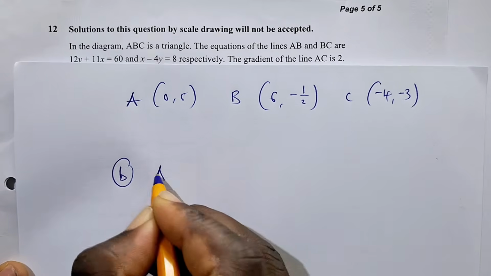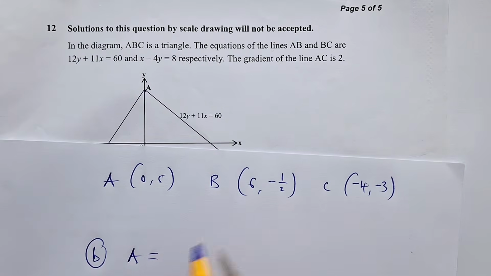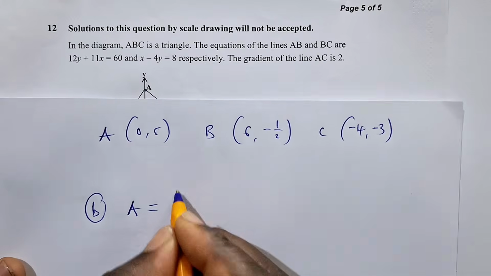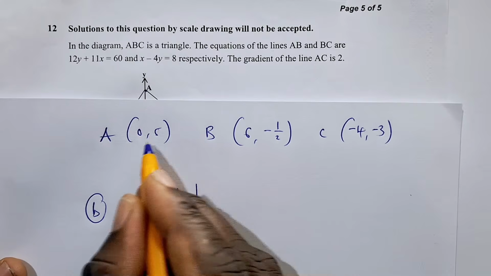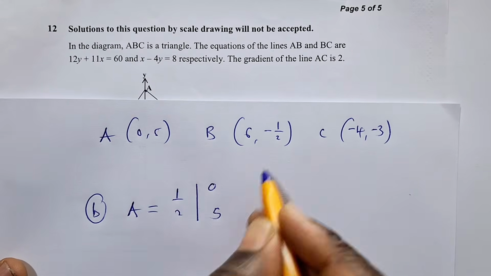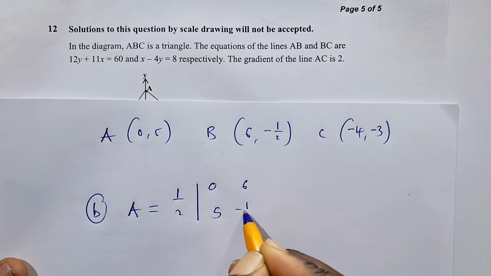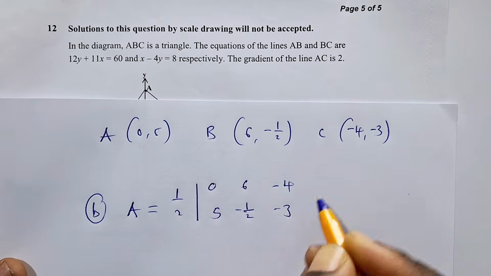To find the area of a triangle, this triangle has got these coordinates. So we're just going to say 1 over 2, and then we write these points in column form. Okay? So this one, 6, negative 1 over 2, here negative 4, and then there negative 3.